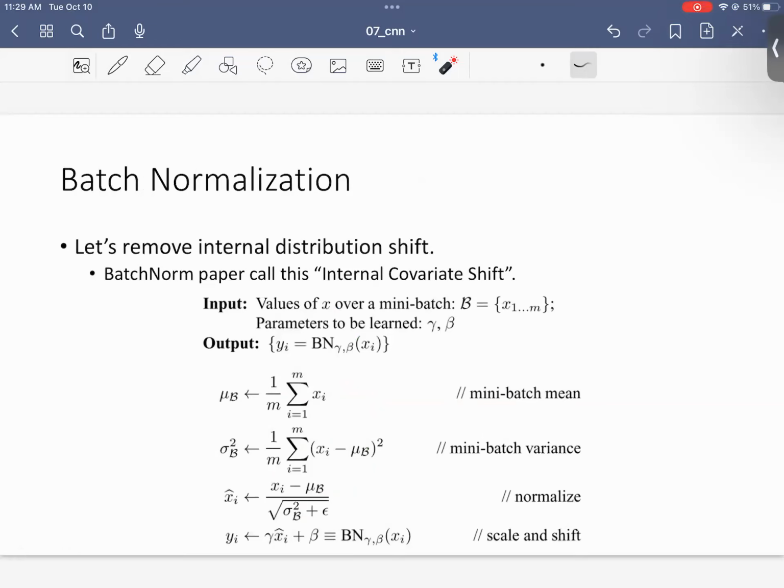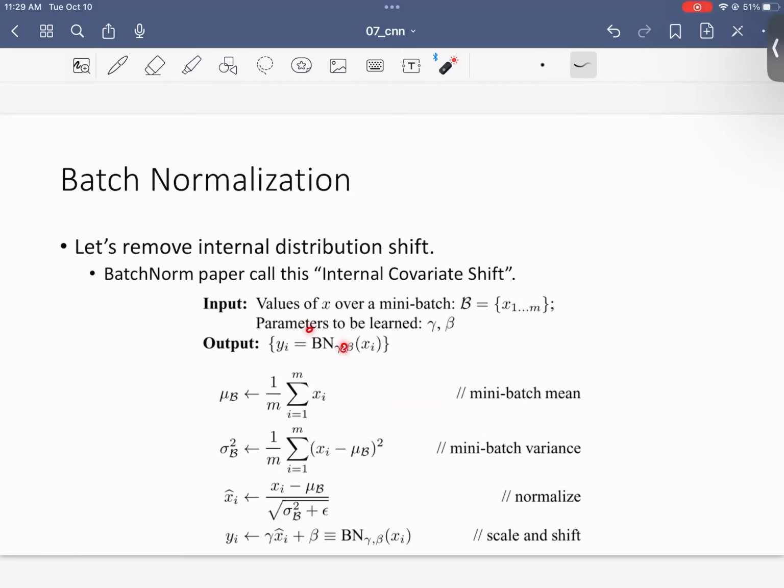Normalizing the output of your layer is simply taking the mu, and the sigma or the variance, and then doing this Z normalization. But you don't finish here. You actually do a scale and shift. So this is the normalized output. I forgot to mention this: you have a mini batch, values of X, and you use a function called the BatchNorm function, which is governed by two parameters, gamma and beta.